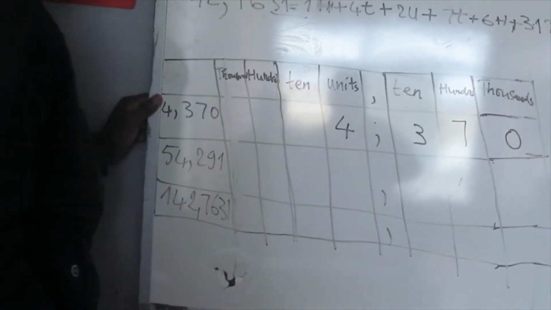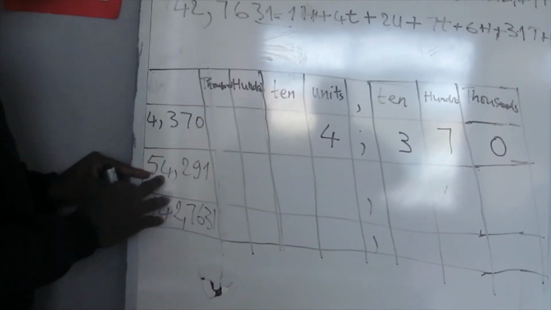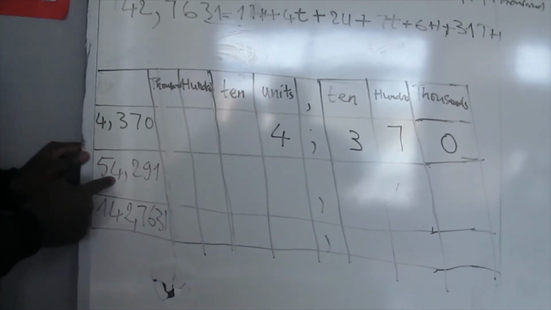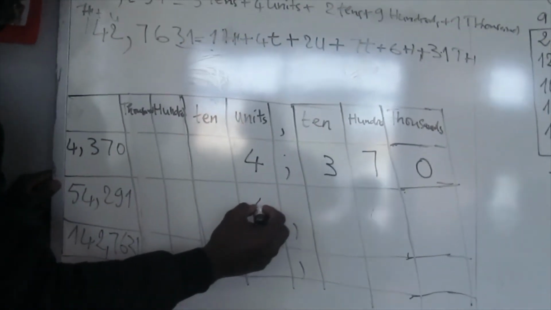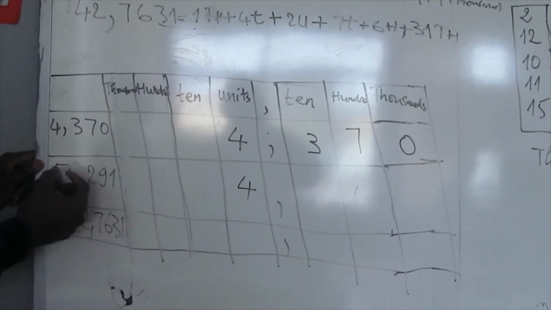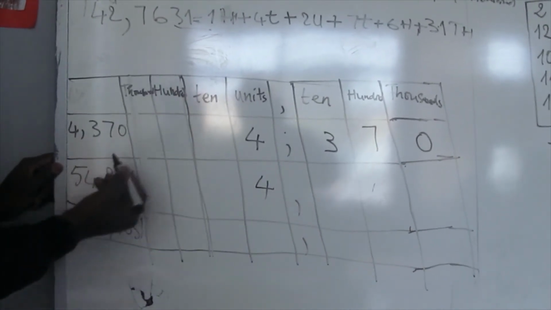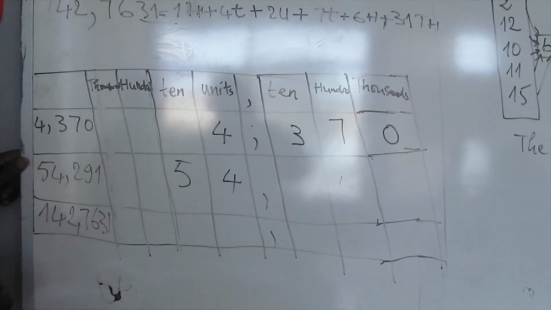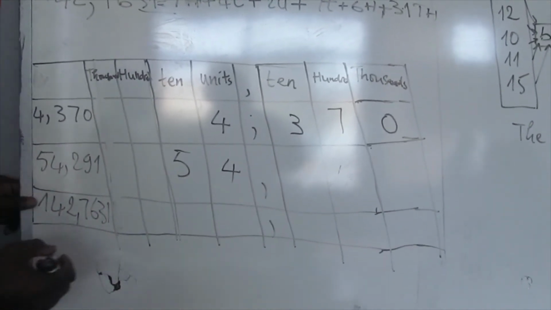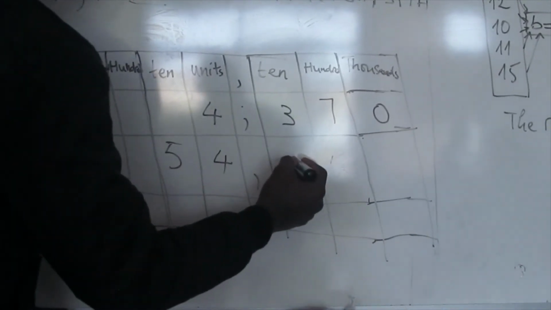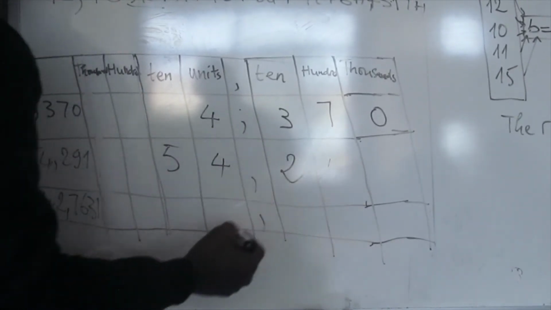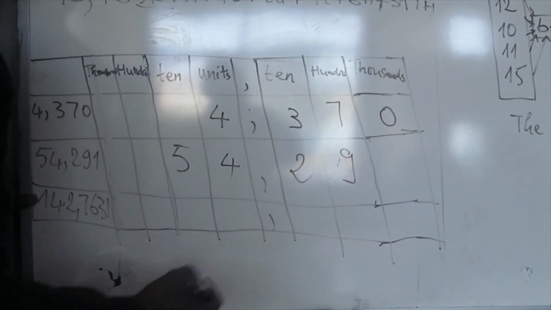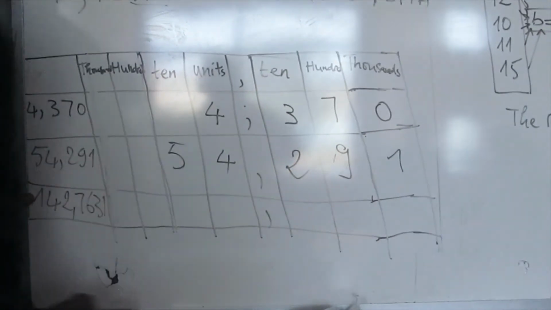To represent this number, we have 54 as one number. In this 54, the first digit from our right going to the left is a unit, so we represent 4 units. The second digit is our tens. Then after the comma, the first digit is tens, the second digit is 100, and then 1,000.